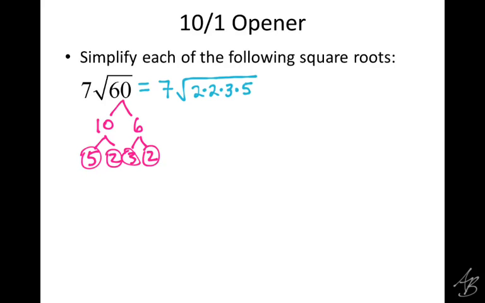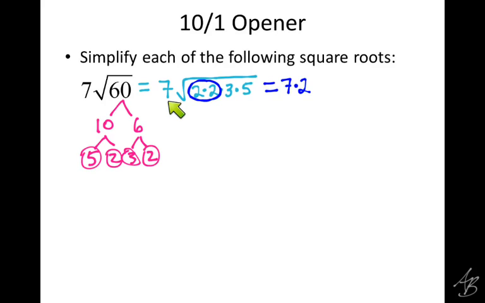Now we're looking for pairs. I see a pair of 2s. How about that 3 and 5? Can we pair those up? No, they have to be the same, right? So that's it. That's all the pairs we have. So what's going to go on the outside? Okay, we're going to have a 2 on the outside, but what's already out there? 7. So don't forget about that.